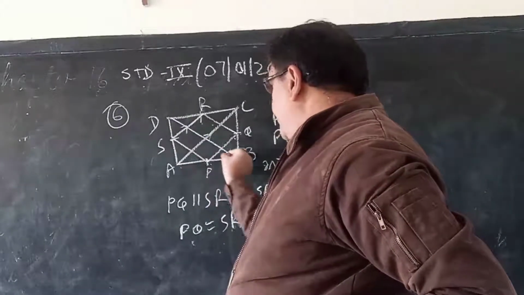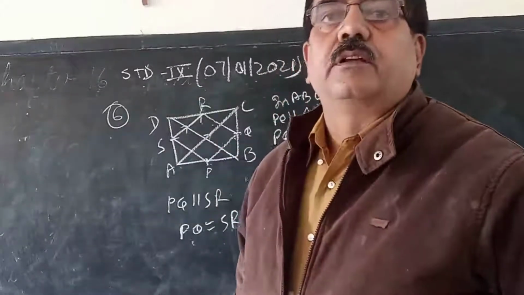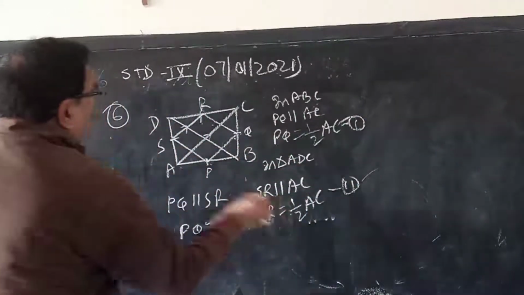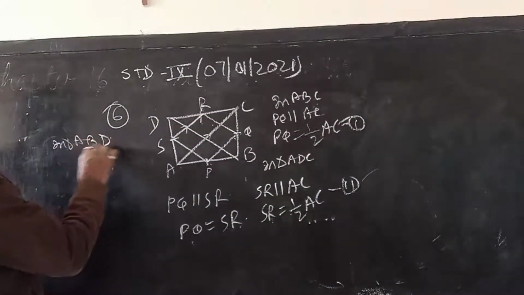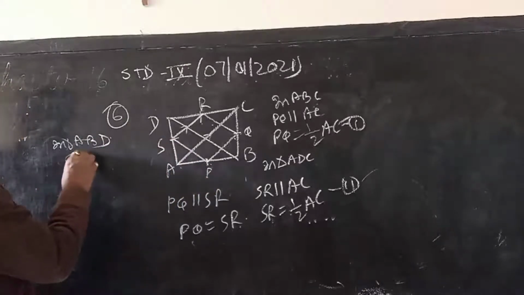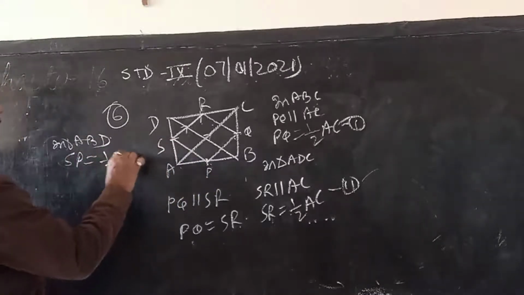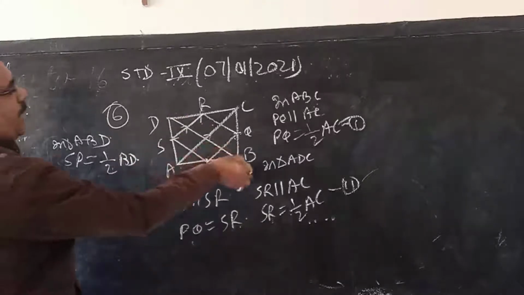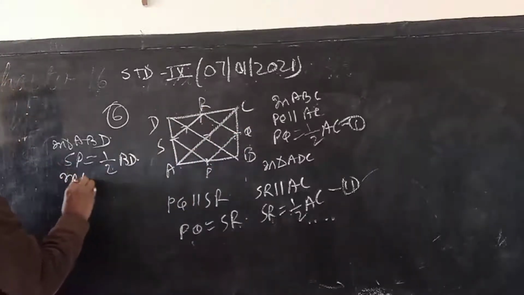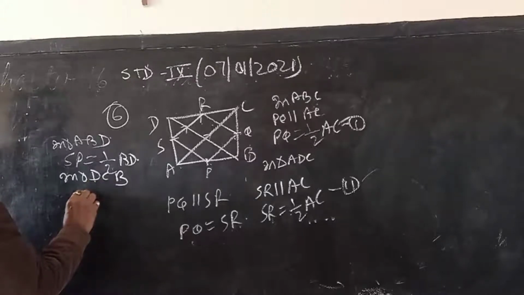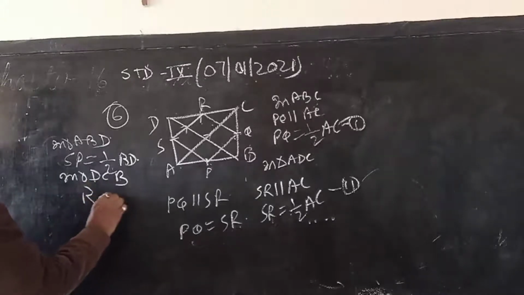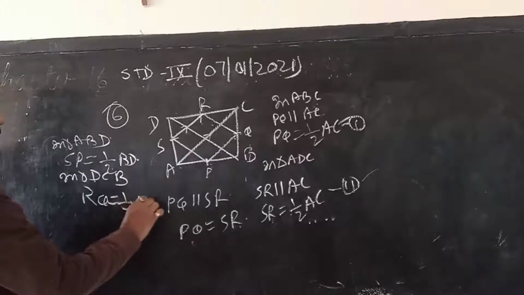Similarly, join BD. You have to join BD. Then in triangle ABD, SP is half of BD. In triangle DCB, RQ is half of BD.